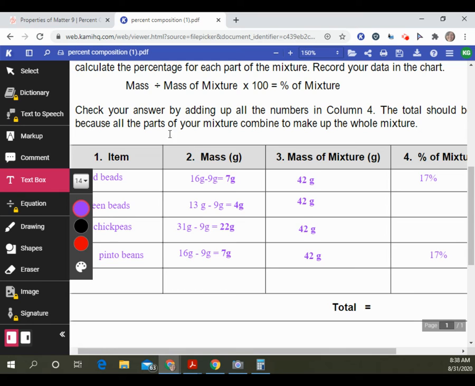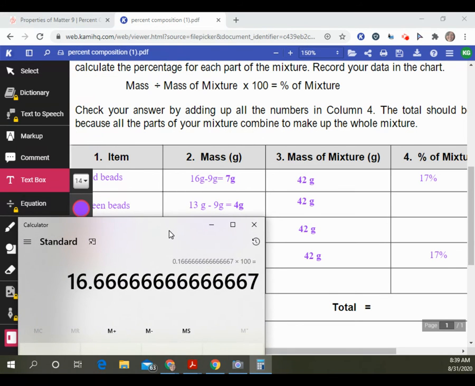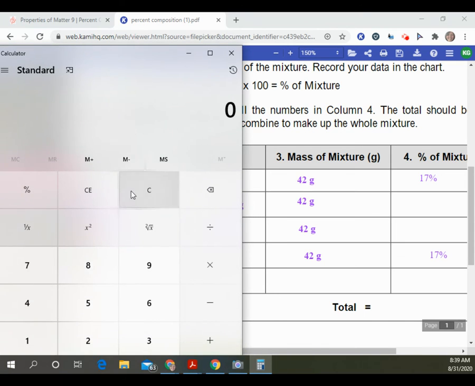All right, so let's look at that again. Mass divided by mass of mixture times 100. If we pull up our calculator again, our next mass is 4 grams. So we're going to go 4 divided by 42. Why are we using 42 for the mass of the mixture? That's all of it. That's the total mixture.